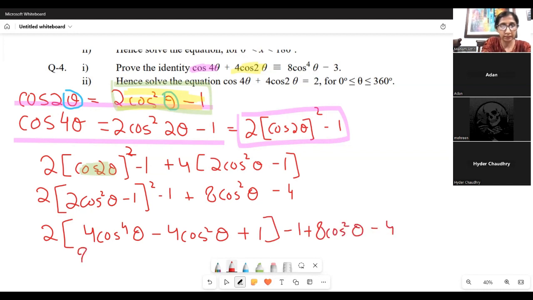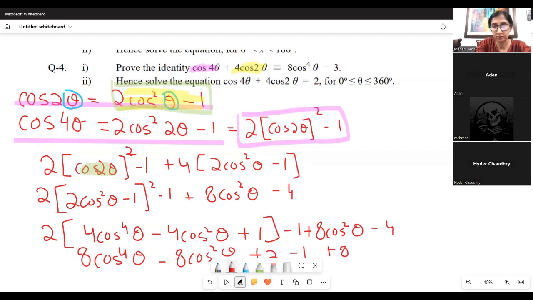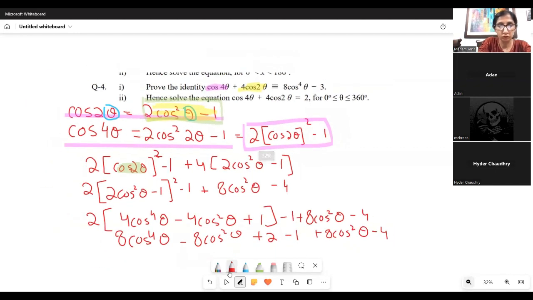So we have 8 cos 4 theta minus 8 cos square theta plus 2 minus 1 plus 8 cos square theta minus 4. So this and this cancel out, and we have 8 cos power 4 theta and minus 3. So we have the required result.